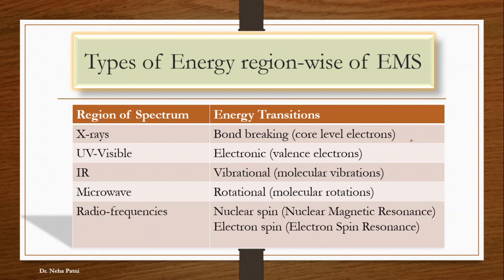Basically I want you to emphasize the type of energy. As I said, this was having higher energy, right? So it was able to break the bond, it was able to hit the core level electrons, it was actually able to hit the atom as such. And then UV-visible are comparatively lesser in energy, but it is capable of transiting electrons from one electronic energy level to another, followed by molecular vibrations, which is having lesser energy.